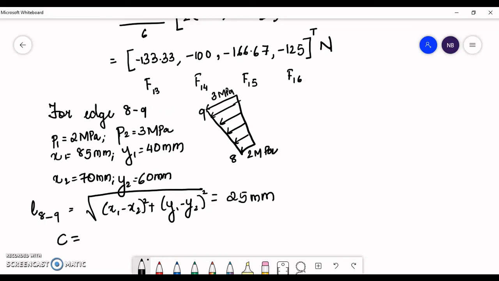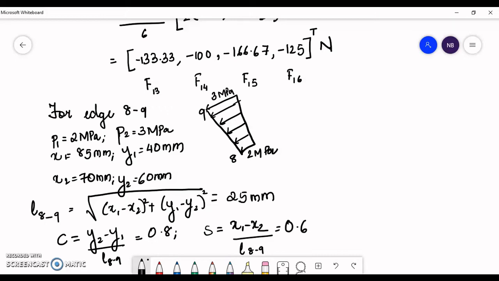Now C is given by y2 minus y1 upon the length of 8, 9, and this is 0.8, and S is x1 minus x2 upon length of 8, 9, and this works out to be 0.6.